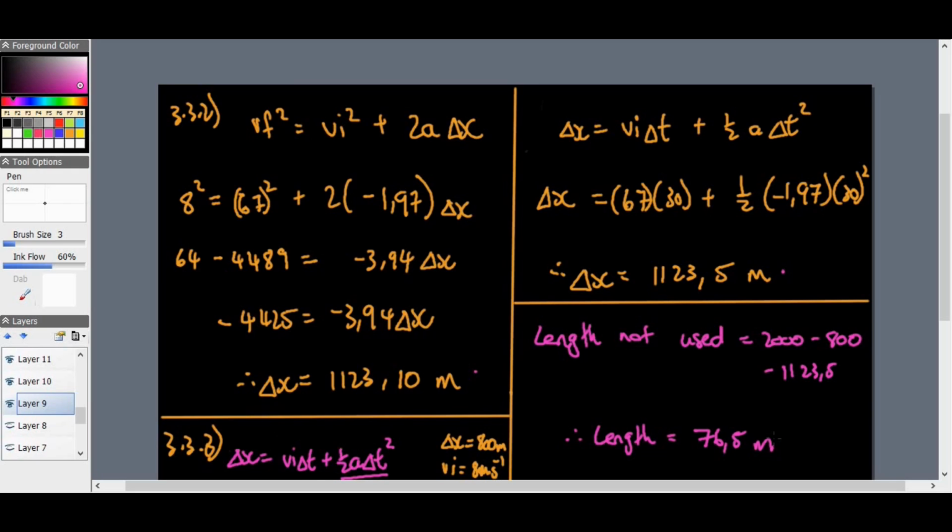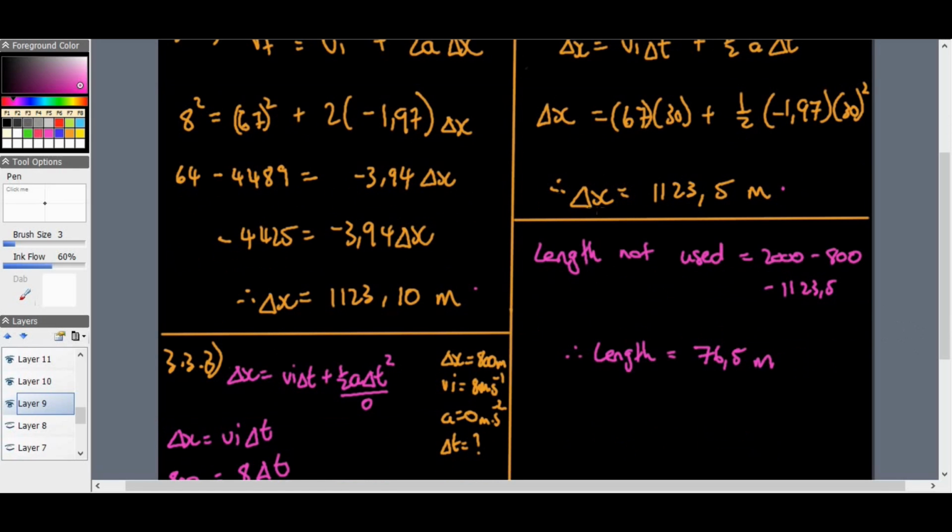So the range will be from about 75 meters to about 76.9 meters. So there's a bit of a range for this answer, depending on which answer you got for 3.3.2. But there's just over 75 meters of the runway that is not used.